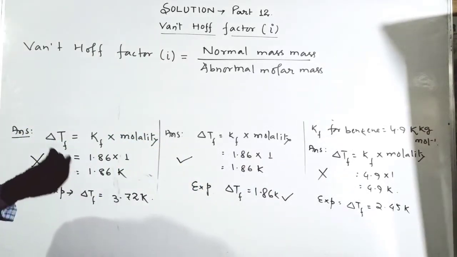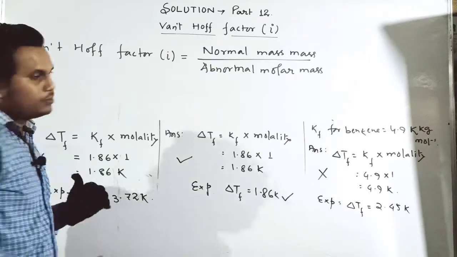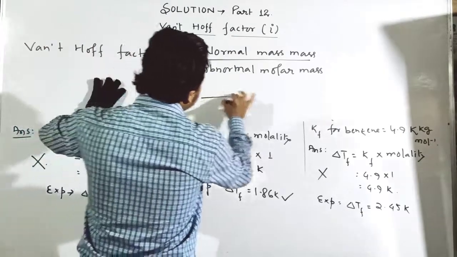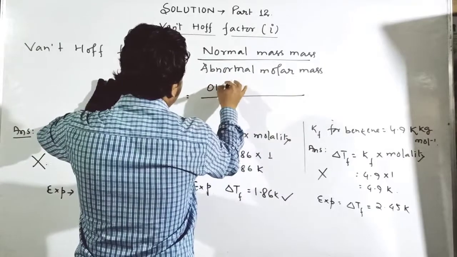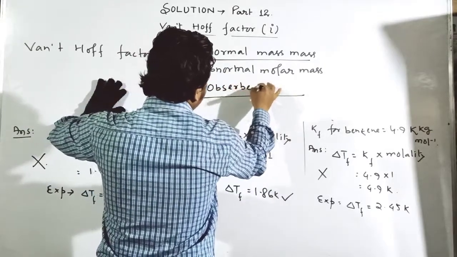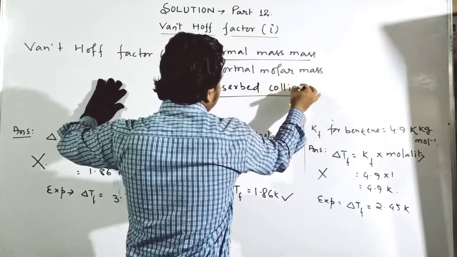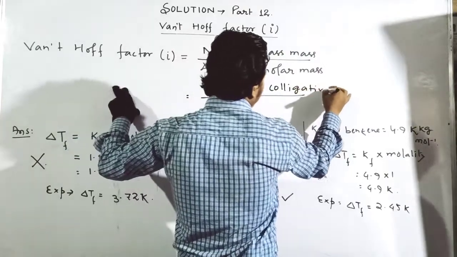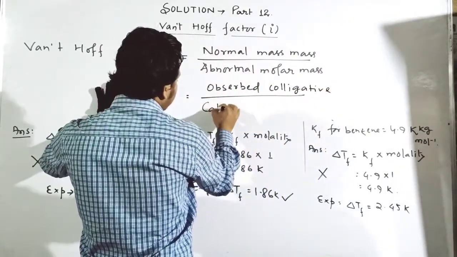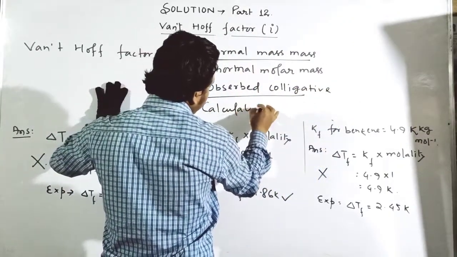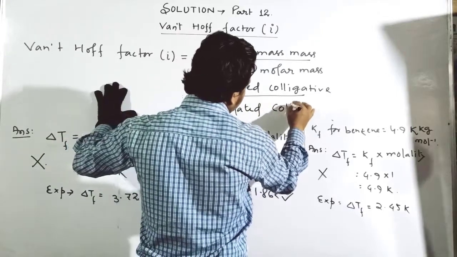It is also called observed colligative property by calculated colligative property.